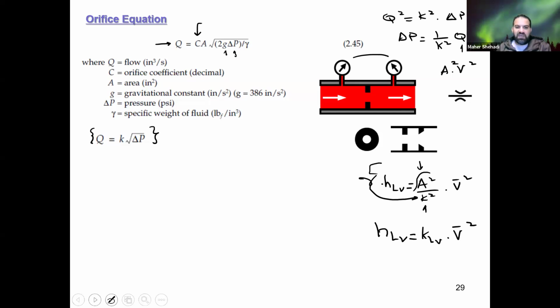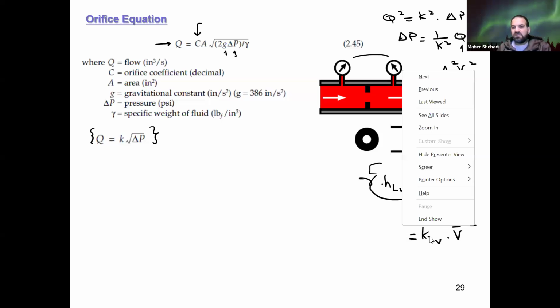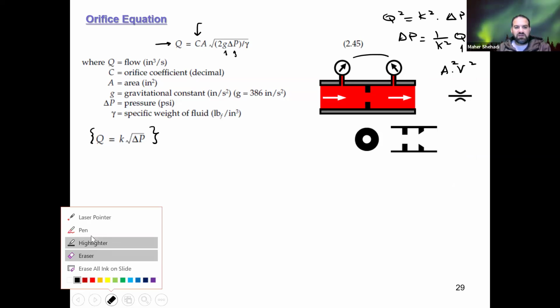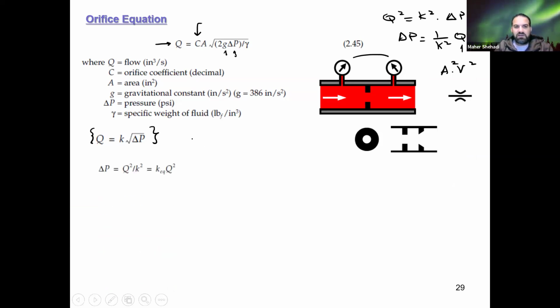We have the K value, so you have to be slightly careful. You have the K value or something called the K equivalent. The K value is the form for the equation, or we'll be using the other one, which is delta P equals Q squared over K squared.